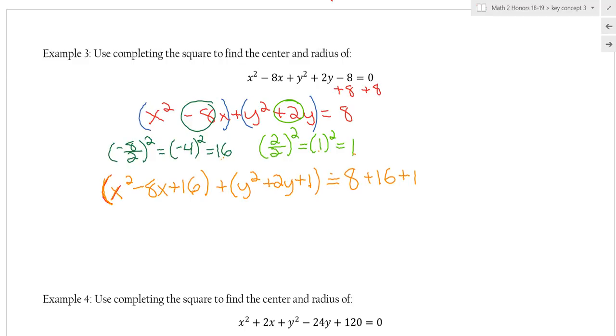Last step here, x squared minus 8x plus 16 becomes x minus 4 squared plus y, this is positive 1 squared. And then I'm going to add all these together. 8 plus 16 plus 1 gives me 25.